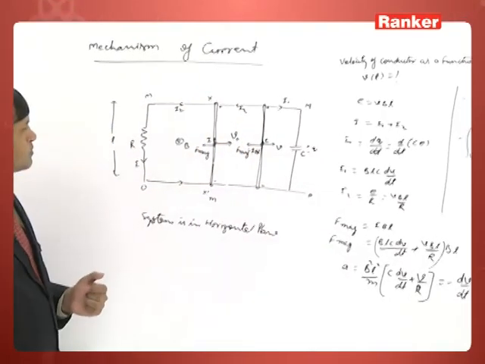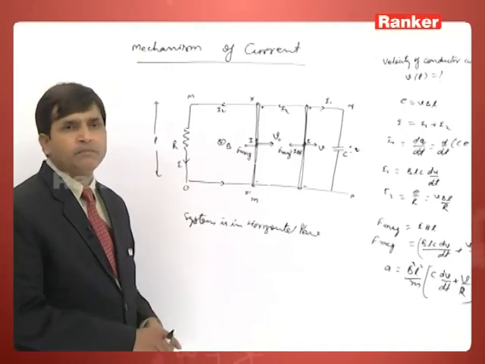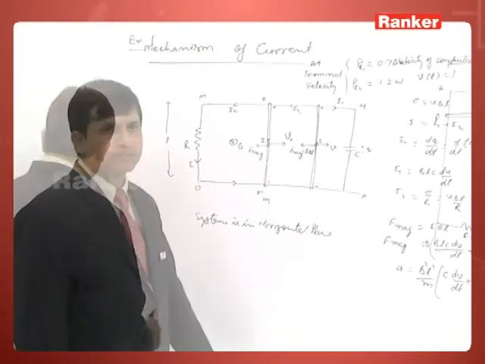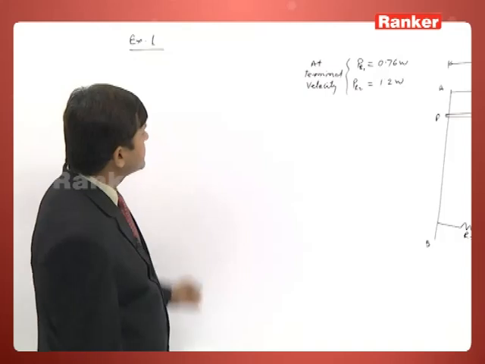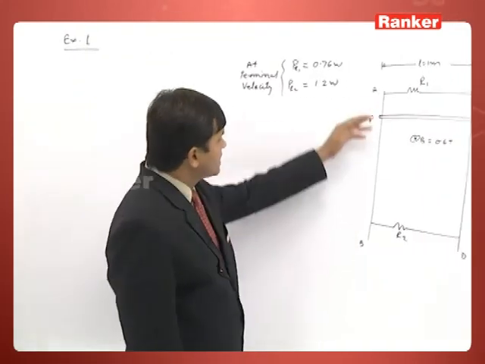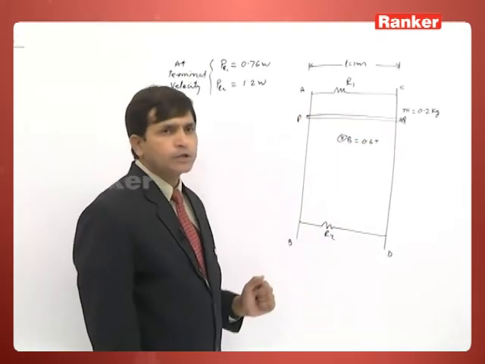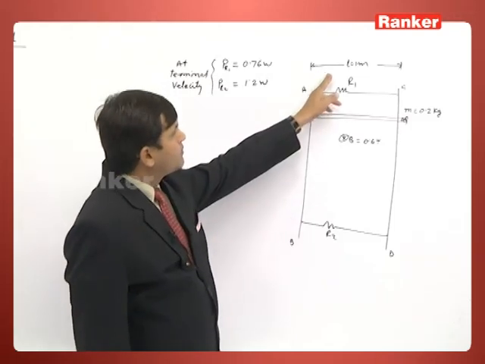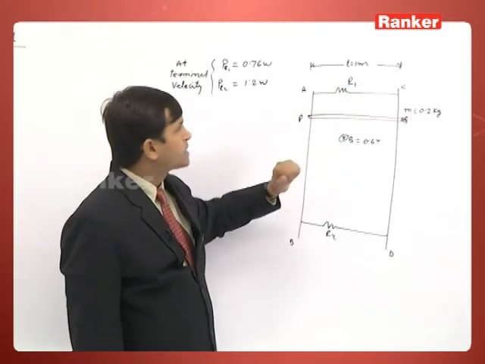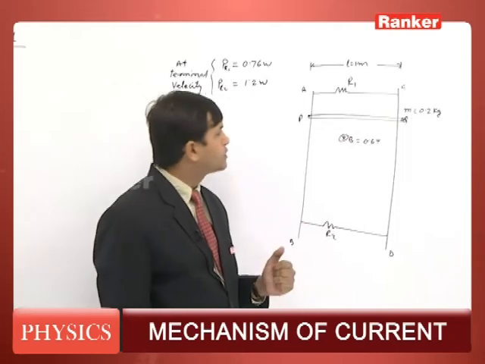Now see some examples based on the mechanism of current. In this example, AB and CD are two parallel rails which are separated by a distance of 1 meter as shown.